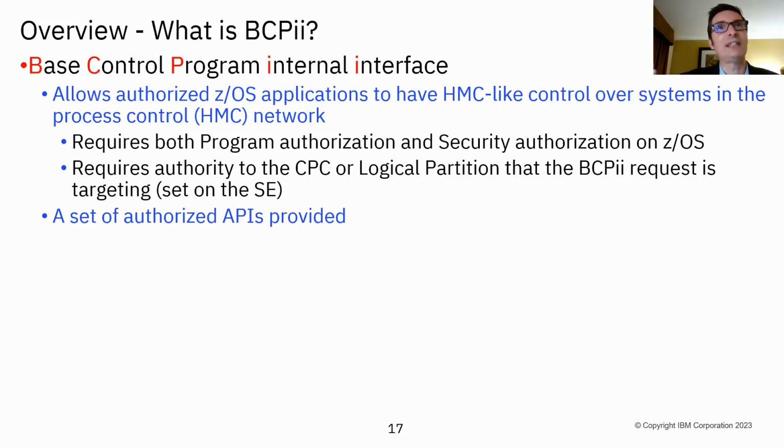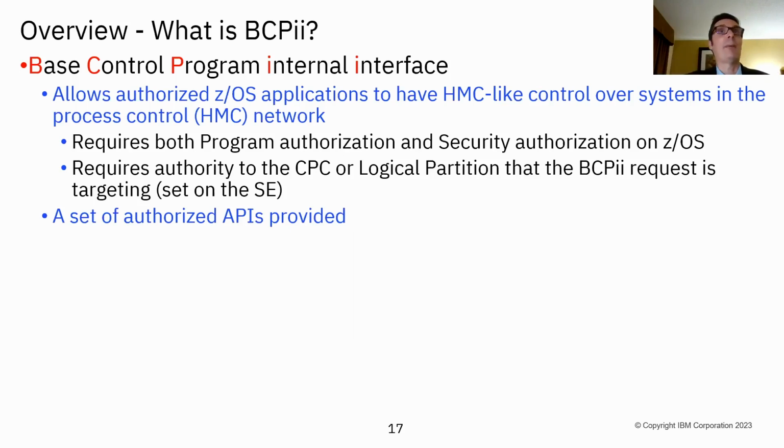Very special programs on zOS can have this HMC-like control over their system, over any system that's in the HMC LAN. So let's say I have 3 mainframe boxes on my raised floor in my data center, and they're all connected in the same HMC network.